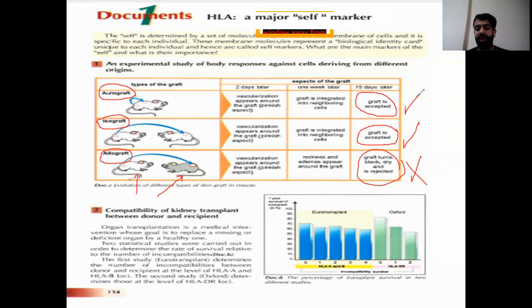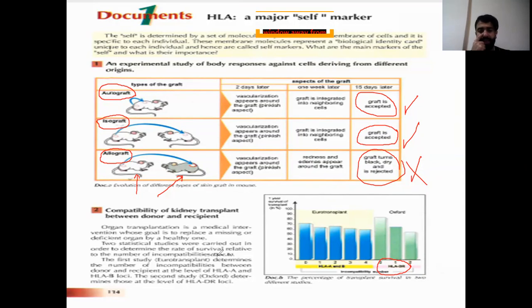Document B shows the percentage of transplant survival in two different studies. So here, compatibility of kidney transplant between the donor and recipient. Here we have HLA classes, HLA class A and HLA class B, and HLA class DR. Organ transplantation is a medical intervention whose goal is to replace a missing or deficient organ with a healthy one.